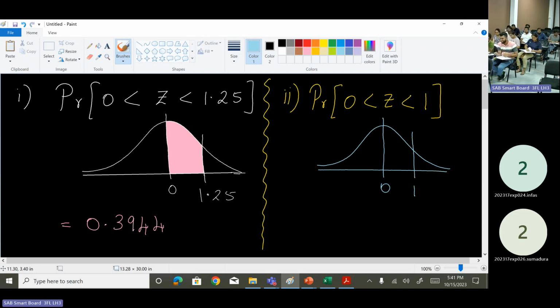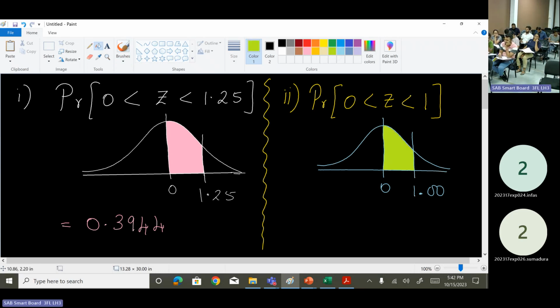We have to refer up to 2 decimals: the first decimal from the leftmost column, the second decimal from the top. 1 means 1.00. So above 0, below 1, we need this region.